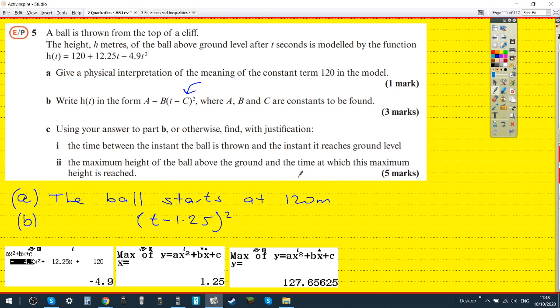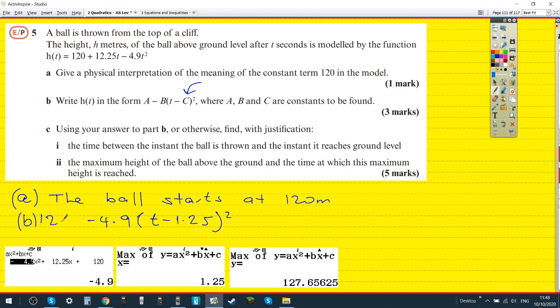And would A be minus 4.9? No. Well, minus B then. Yes. So this is the 4.9. So then y is A. Yeah. So what is A? 127.66.